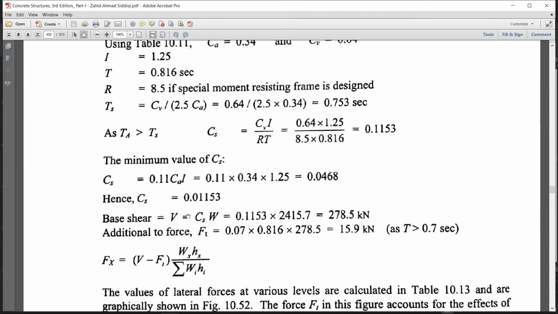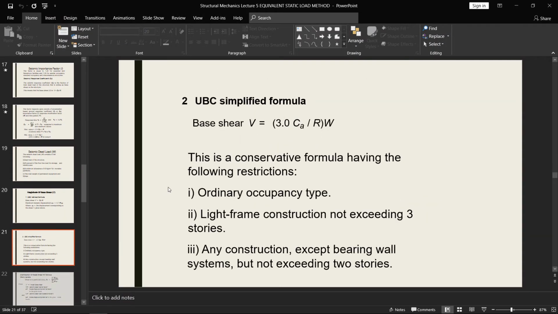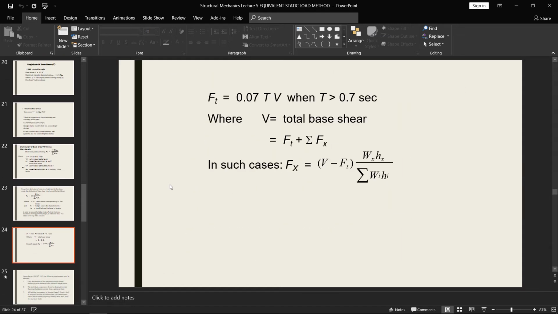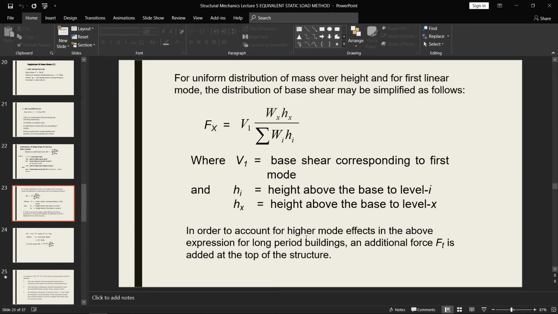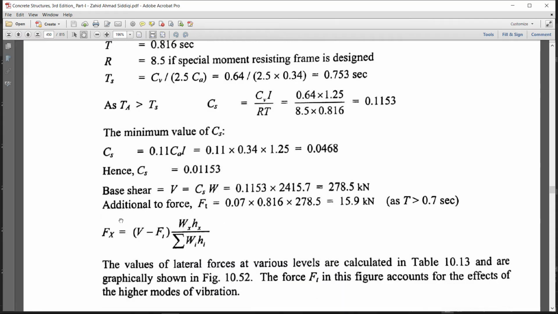Now another condition is also met here. If the time period of the structure is greater than 0.7 second, then to accommodate the higher modes of vibration, you need to consider an additional FT force at the top. The formula for FT is 0.07 times the time period times the base shear.